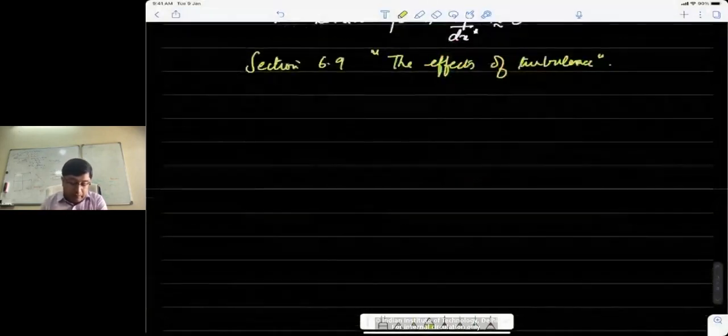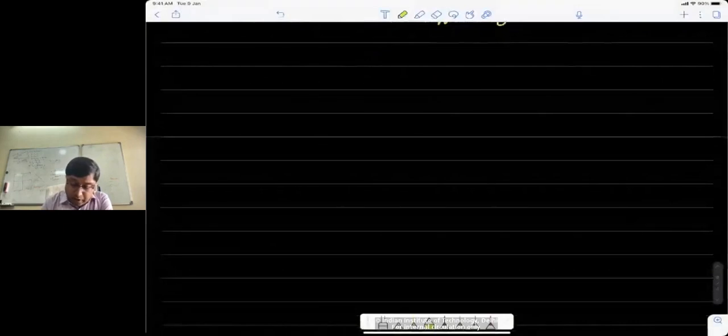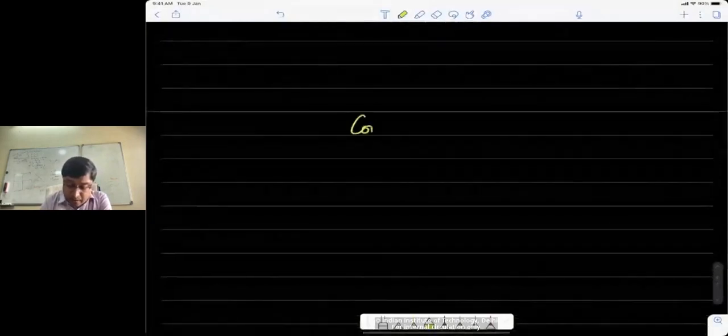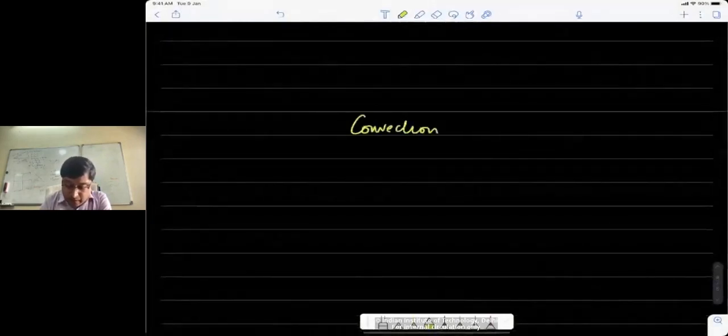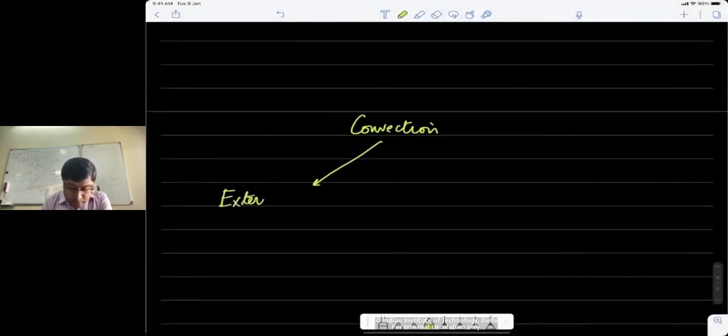Yeah. So we will now talk about convection as a broad category, and the category can be divided into two sections broadly. One is external flow, and the second category is internal flow.